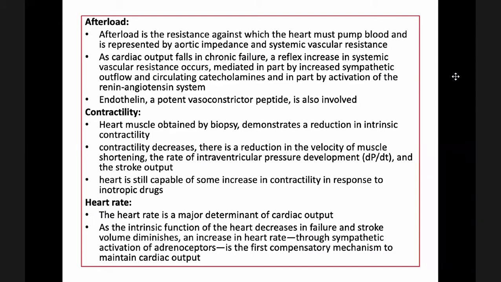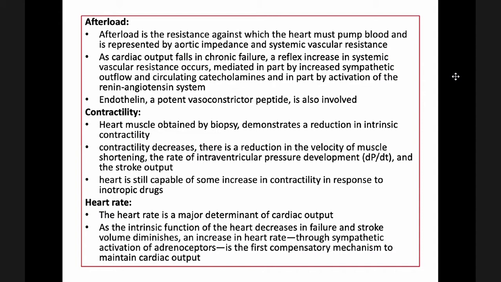So what happens is you will have a reduction in the velocity of your muscle shortening and the rate of your intraventricular pressure development as well as your stroke output. Although the heart is still capable of some increase in contractility in response to inotropic drugs. So that's why inotropic drugs are also used in heart failure to improve cardiac performance.